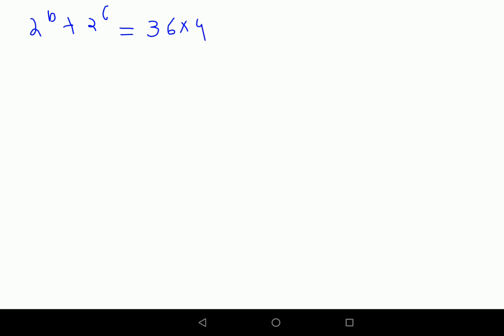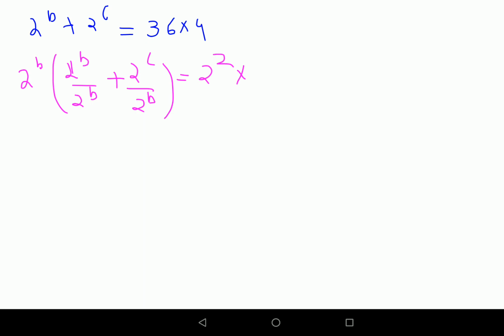Next, we take 2^b common, so I'm left with 2^b into (1 + 2^c/2^b). Now 4 can be written as 2^2, and 36 can be written as 4 into 9.